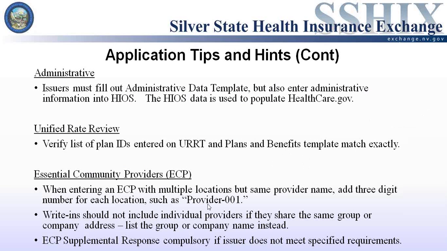So for example, provider and then put 001. And write-ins don't need to include individual providers if they share the same group or company address. You can just list the group. And you're required to do the ECP supplemental response form if you're not meeting the specific requirements.